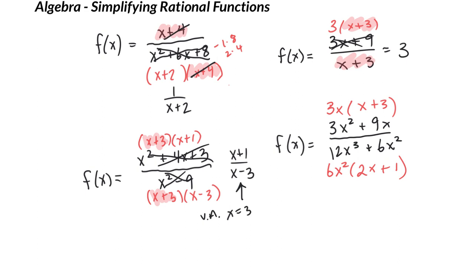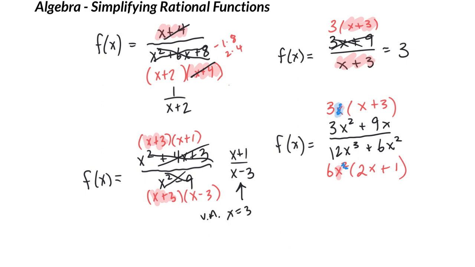Now, let's look for what they have in common. I'd say they both have an x, right? x and x squared, so we could divide out an x, and then I would still have an additional x on the bottom because I have x squared.